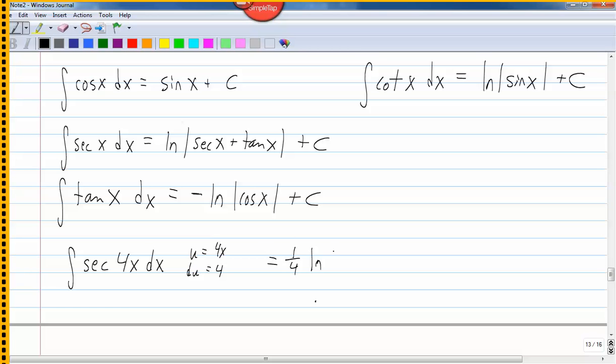Then it's natural log of secant 4x plus tangent 4x, plus c. So whatever this is has to stay the same in the answer. Your u's have to stay the same. Since it was an integral, the du, you bring out the reciprocal of the constant.